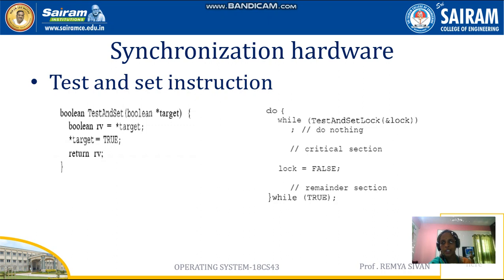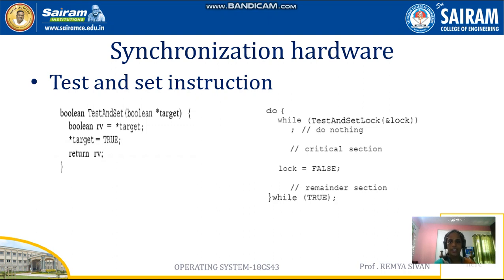That is the definition of test and set. When you are executing test and set, these two things happen: take the value from the target variable, copy it to RV, then set the target variable to true. It is kernel side, so we cannot preempt it. That indicates that when one process executes test and set, another process cannot preempt it.